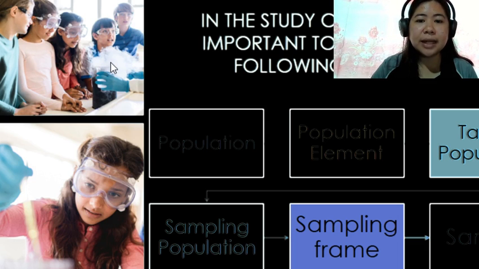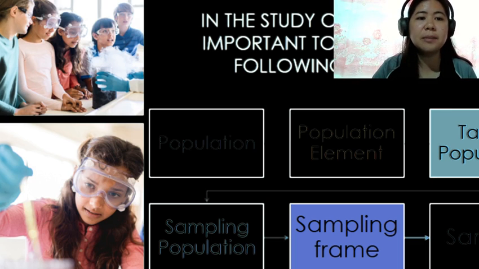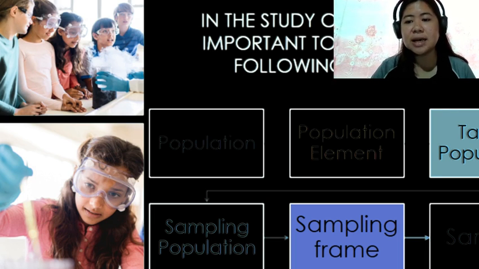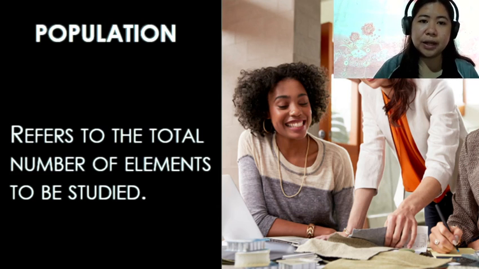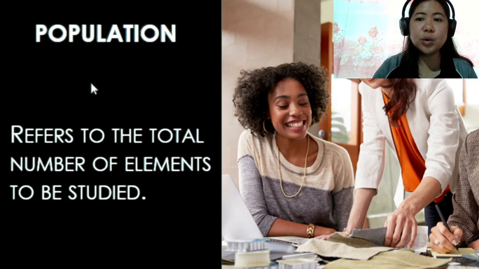So it's important to know the meaning of population, population element, target population, sampling population, the sampling frame, and the sample. Population refers to the total number of elements to be studied. So this is the total number of respondents for your study.